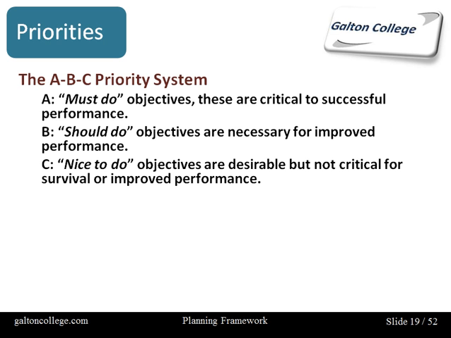And C is nice to do. Objectives that are desirable but not critical for survival or improved performance. It would be nice to have them in place, but they are not actually critical. So priorities within the ABC priority system are must do, should do, and nice to do. Must do being obviously the more important one.